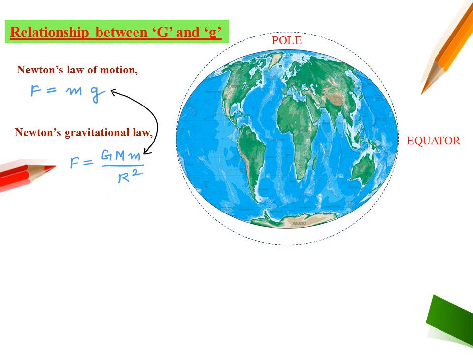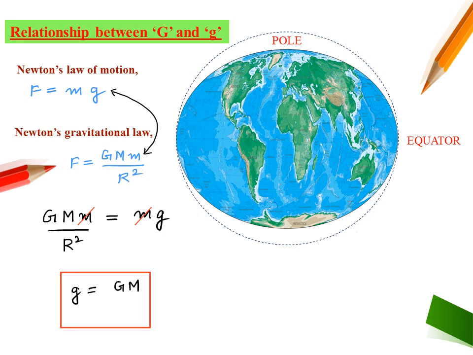So equating the equations, we get G M m divided by R squared equal to mg. So m gets cancelled, therefore we get g, the acceleration due to gravity, equal to the universal constant G into mass of the planet divided by the square of the radius of the planet.